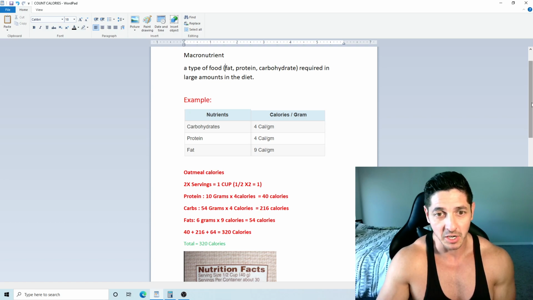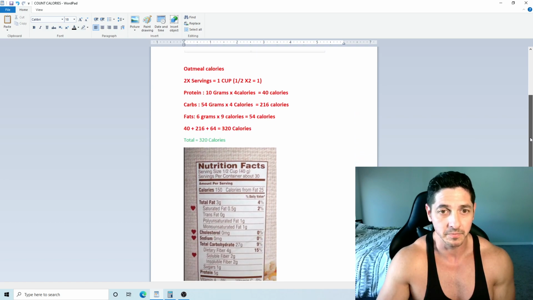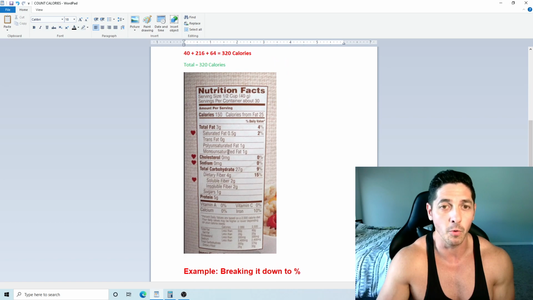So let's jump into the example here. We're looking at the back of an oatmeal box. As you can see, it says serving size, half a cup. Servings per container, 30. Calories, it has a little breakdown here, but we're not going to worry too much about all this. We're just worrying about the serving size, the fat, the carbohydrates, and the protein.